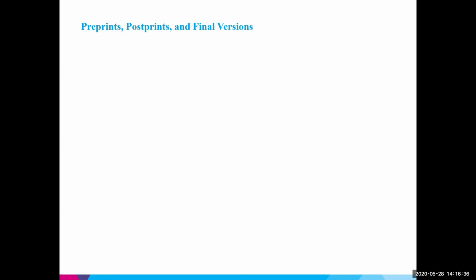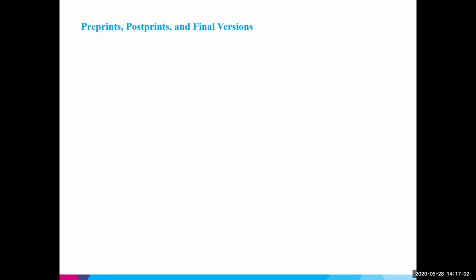And certain versions of that article are the ones that are allowed to be self-archived. So certain journals will allow certain versions of articles to be self-archived or to be posted somewhere, and will not allow other versions of articles to be posted or to be distributed.